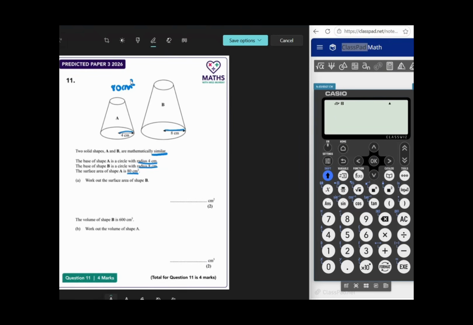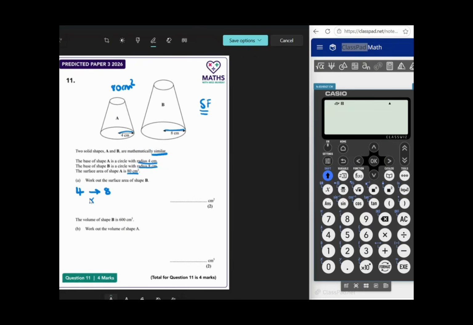So with similar shapes, there is a scale factor that links your 2 sides. So they will always be in proportion with one another. So you always start with the lengths if you want to work out the scale factor. So I've got 4 on A goes to a radius of 8 on B. So you need to work out what that's been multiplied by.